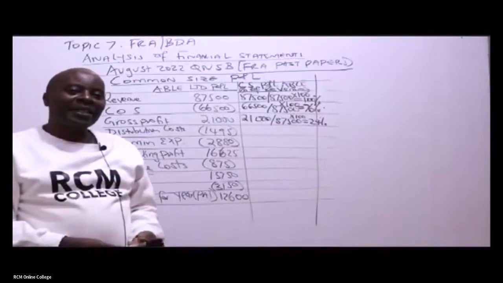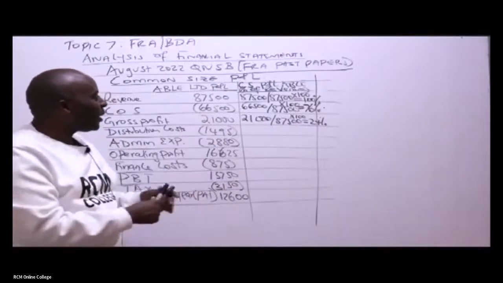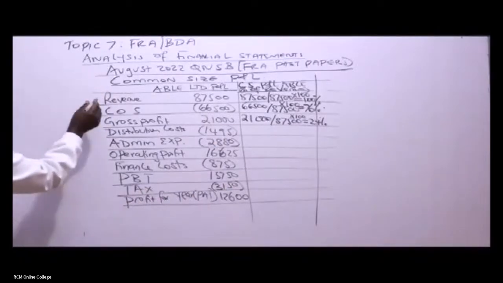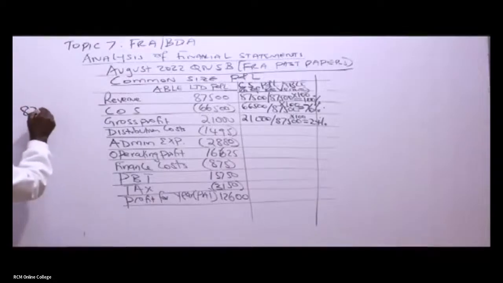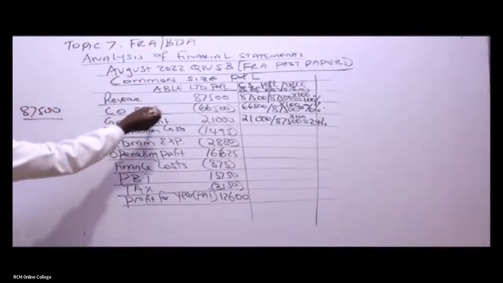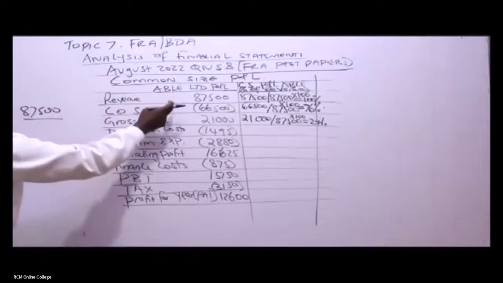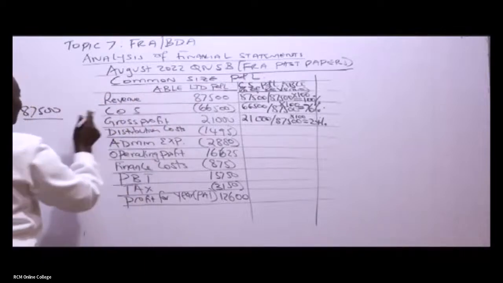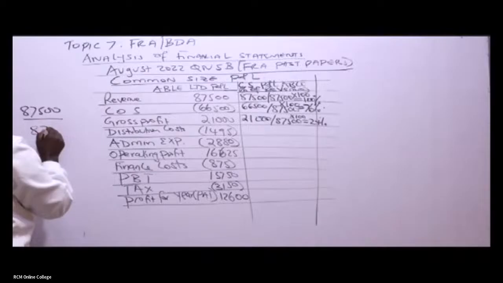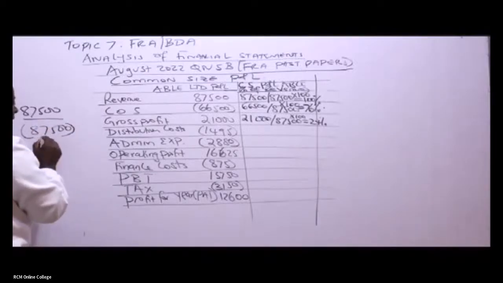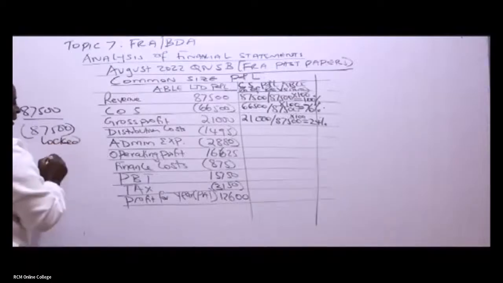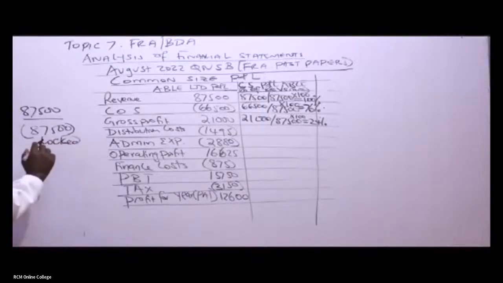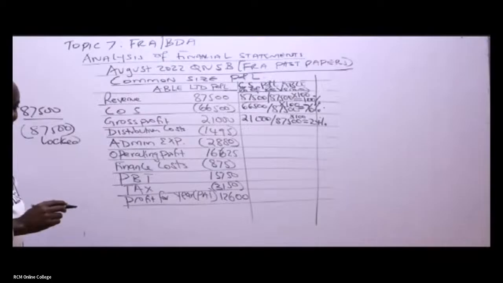You'll take the first one, 7,500, and divide by the 87,500 cell. But this number now has to be locked. It has to be dollarized.